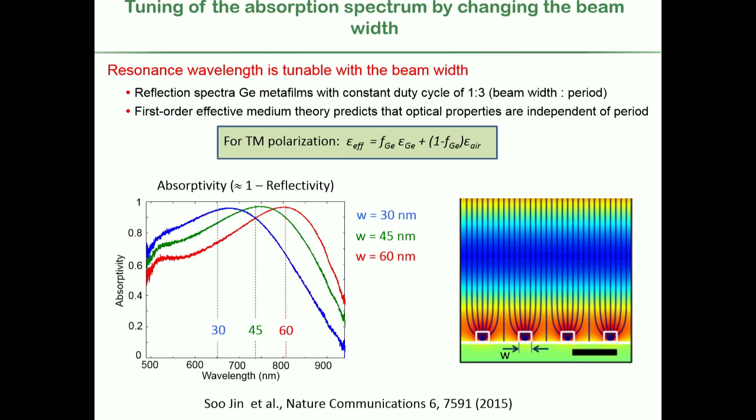But if you're thinking about metamaterials theory, a first-order effective medium theory says the only important thing here is the filling fraction of germanium and air and the dielectric properties of air and germanium. In this case, the filling fraction is the only important thing. And interestingly enough, in this experiment, while making the beams narrower, we kept the filling fraction the same.